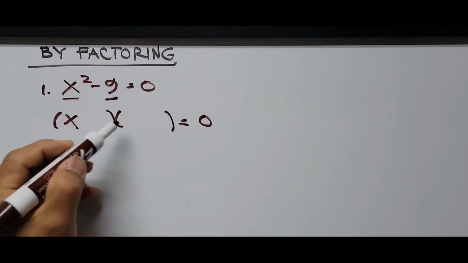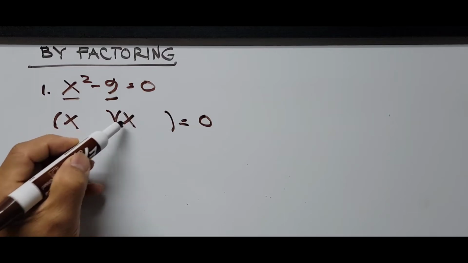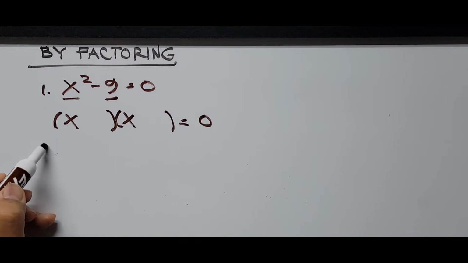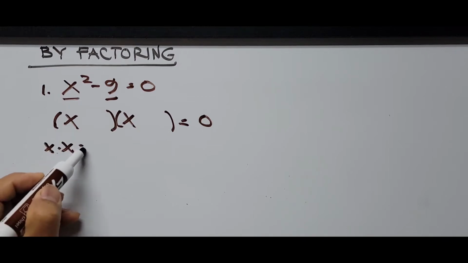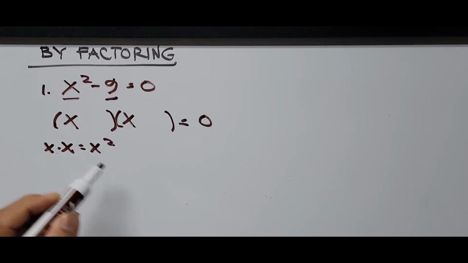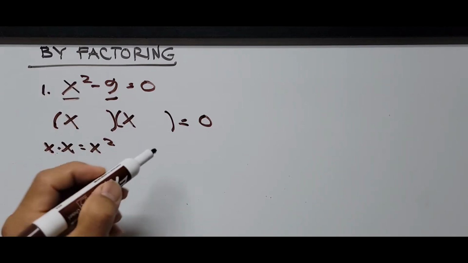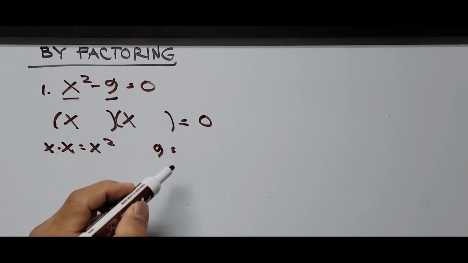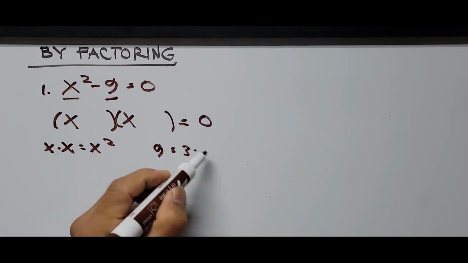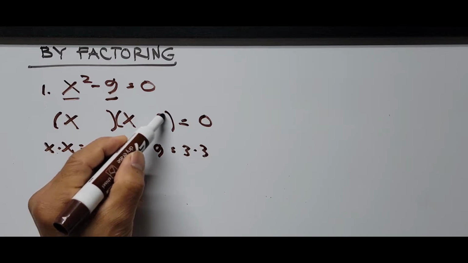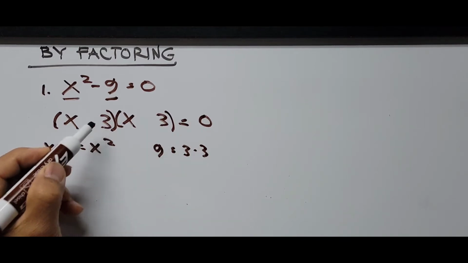These are the factors of x squared: x times x, since x times x is equal to x squared. On the right hand side, constant 9 is the result of factors 3 and 3. So we put 3 over here and 3 on the other side.